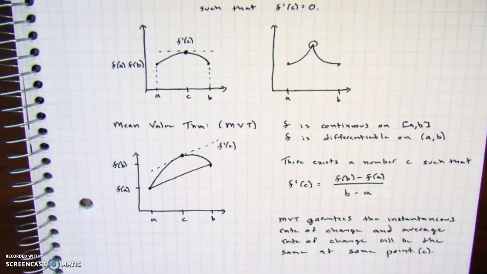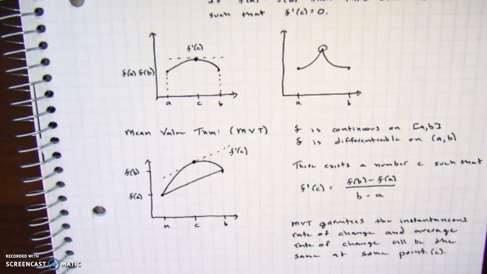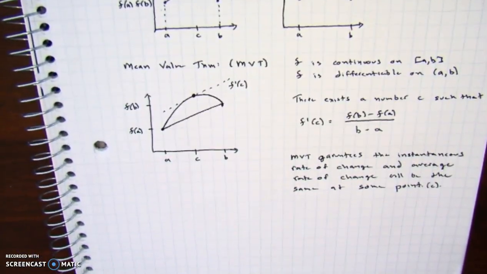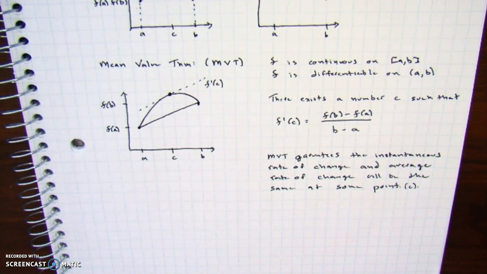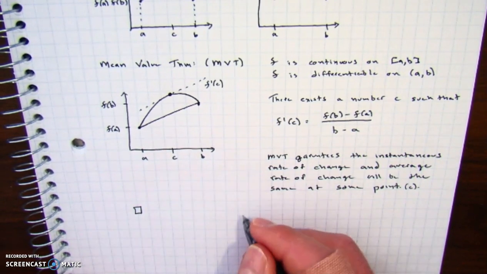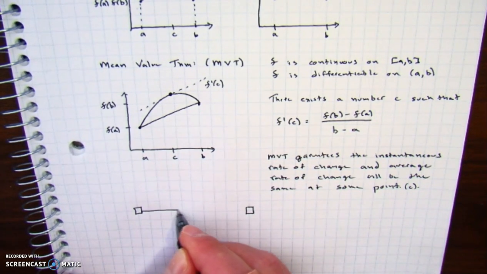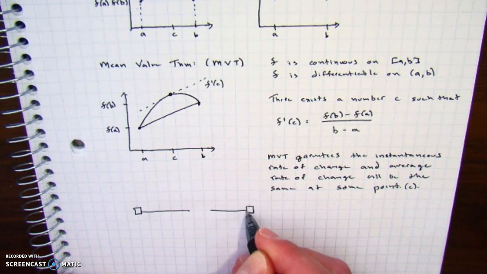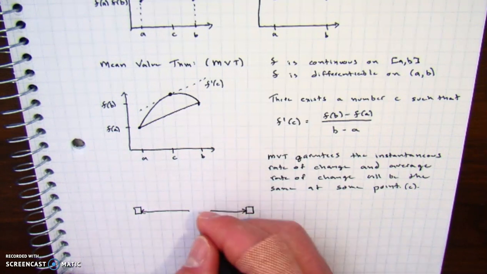Let's take a look at a classic example of the mean value theorem. Let me put it down here on the bottom of this page, because it's not a very long example. Let's say you're going along and you've got two cop cars, and this is an example you see a lot. So there's one, and there's two, and let's say these cop cars are 5 miles apart.